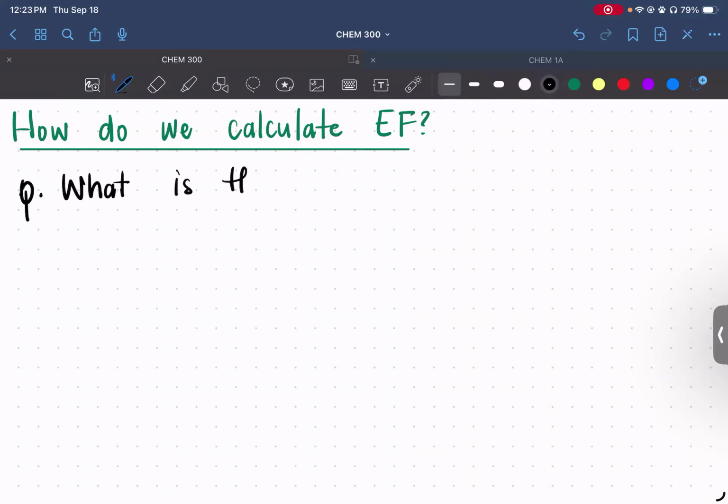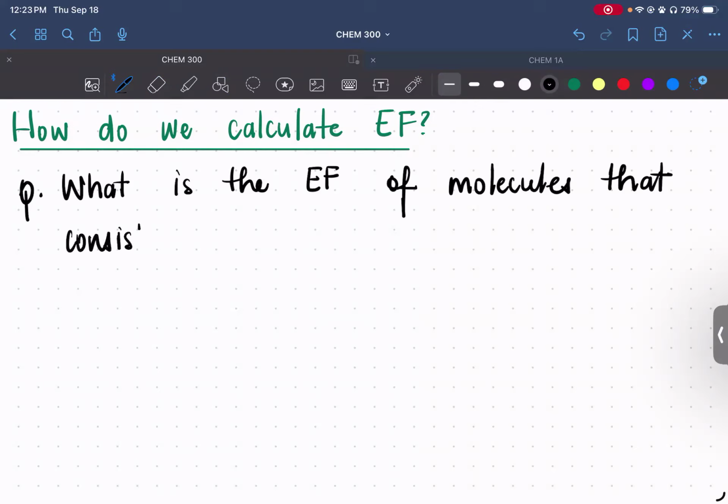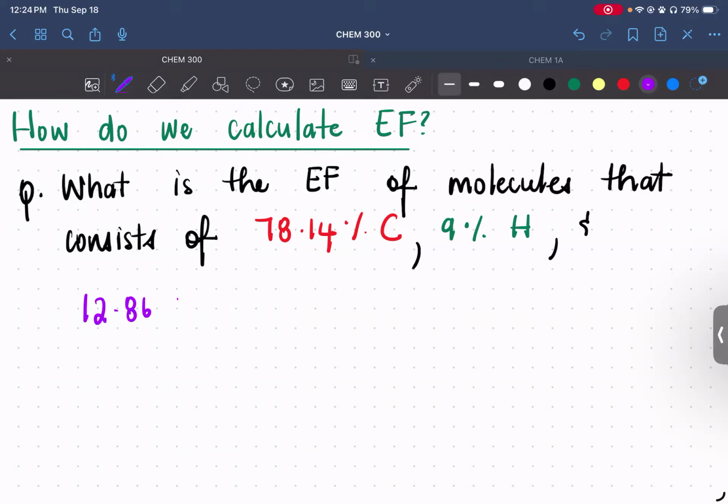What is the empirical formula of a molecule that consists of 78.14% carbon, 9% hydrogen, and 12.86% oxygen.